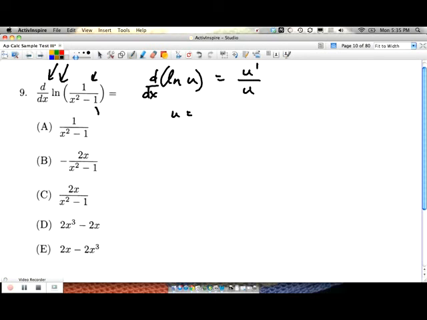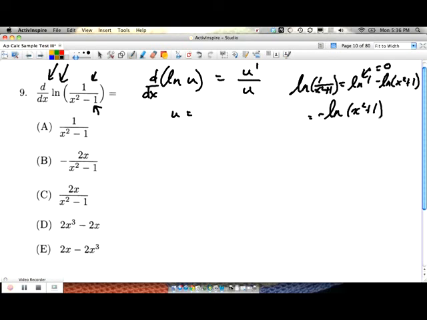So first, let's think of natural log of 1 over x squared plus 1 is equal to natural log of 1 minus natural log of x squared plus 1. If I take that a little bit further, I notice that natural log of 1 is really equal to 0. So this is just negative natural log of x squared plus 1.